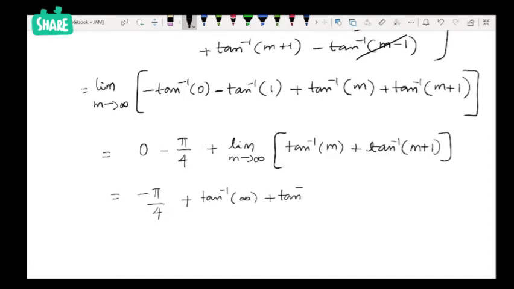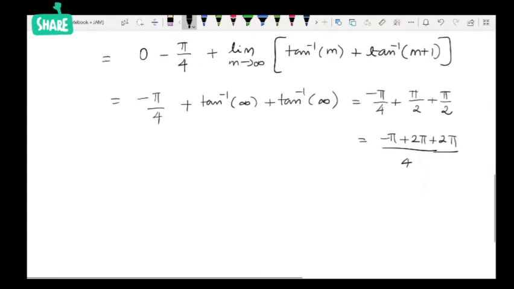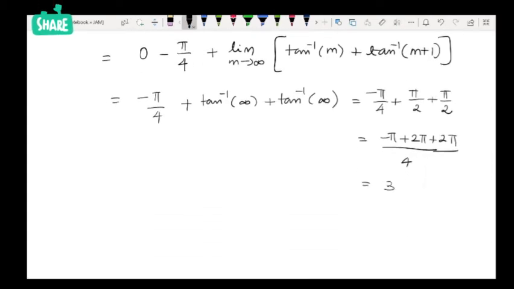And what is tan inverse of infinity? It's pi by 2, right? So minus pi by 4 plus pi by 2 plus pi by 2. If you take LCM, you get minus pi plus 2 pi plus 2 pi. So the answer is 3 pi by 4. Option C is the correct answer.